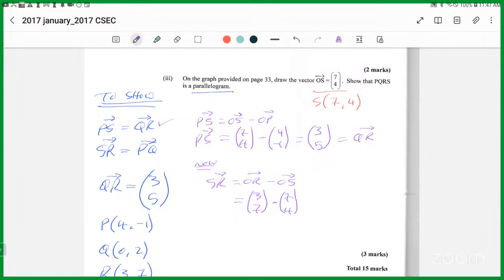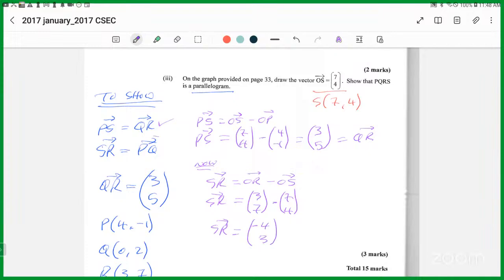And this works out. This is SR. So SR is 3 minus 7 is negative 4, and 7 minus 4 is 3.